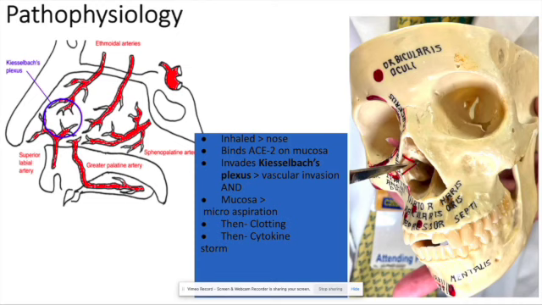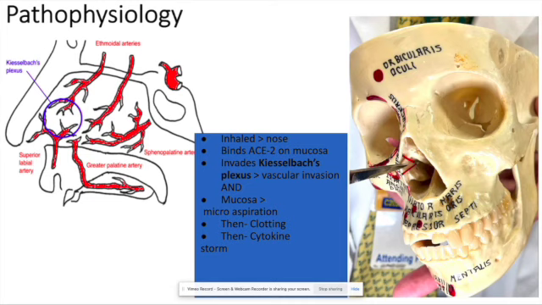In blue, you see Kiesselbach's plexus. This is where we all get bloody noses from because the blood vessels are so close to the skin than anywhere in the body. This is the site where infection occurs with COVID-19.